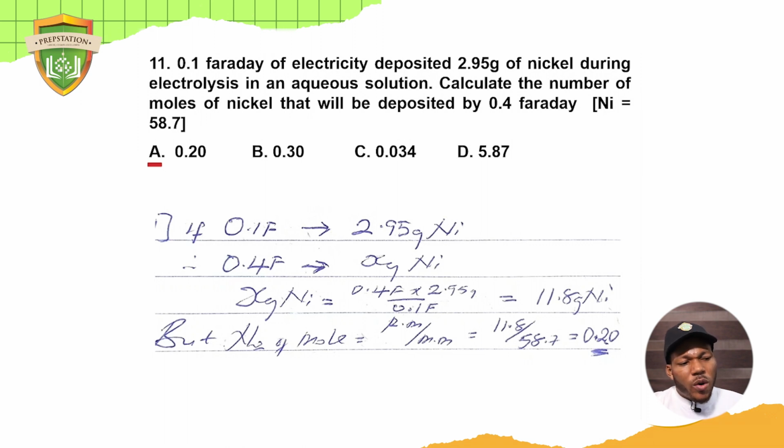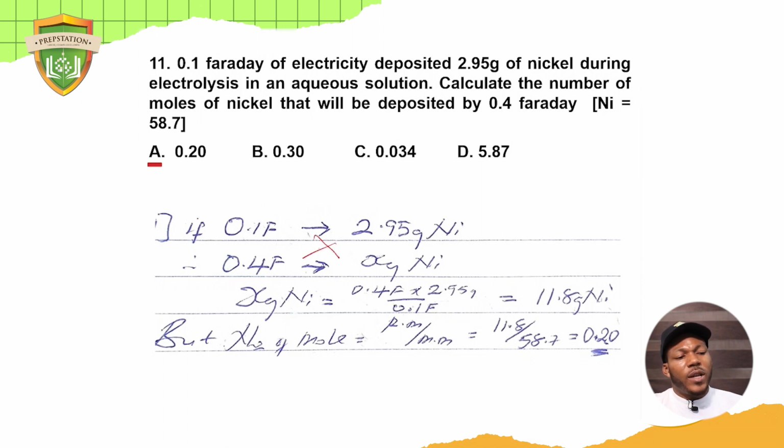So if 0.1 Faraday gives us 2.95 grams according to the question, then what will 0.4 give you? Just simple cross multiplication. If you cross multiply properly, you now have 11.8 grams of nickel. Because 0.1 gives us 2.95 grams, then what will 0.4 give us? Simply a matter of cross multiplication.